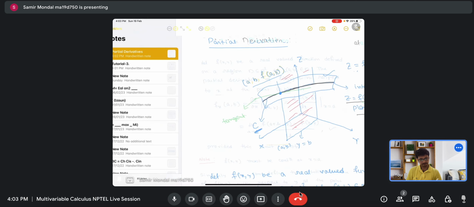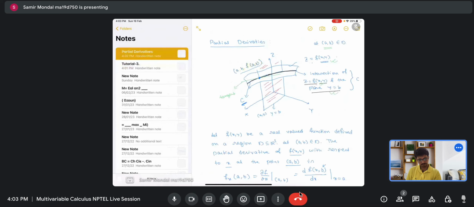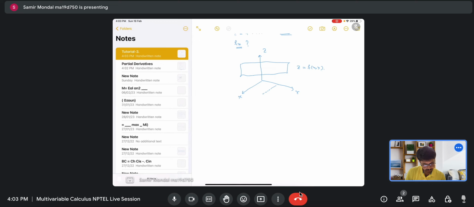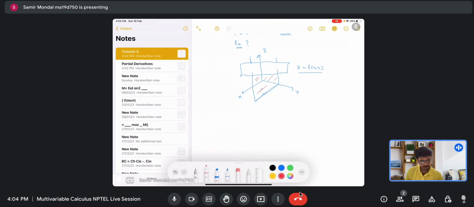Now, this is your plane y equal to b, and this is your surface z equal to f of x y.